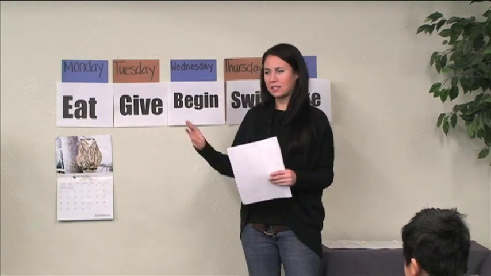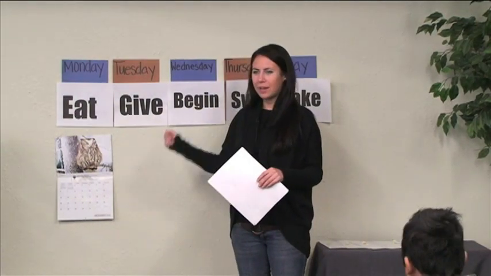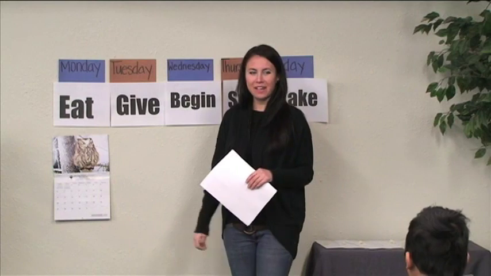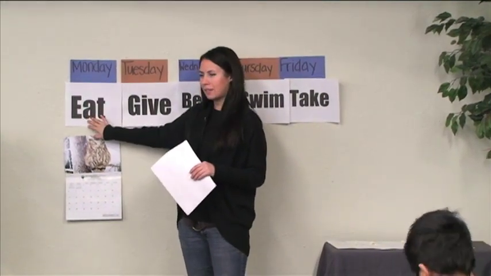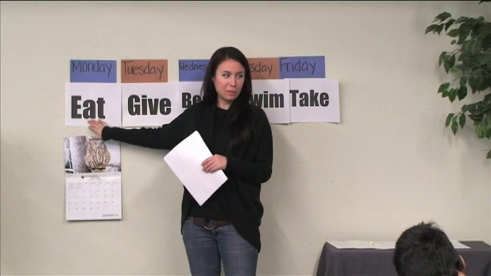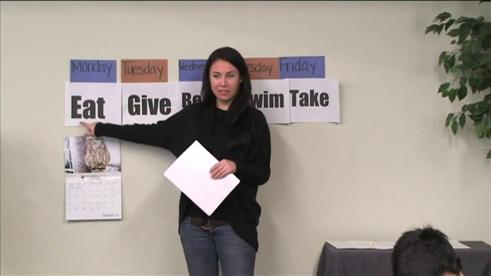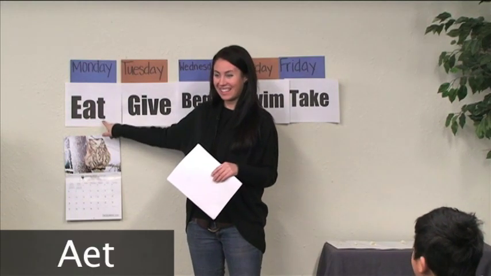If Billy does this every week and then it's finished, how could we say that this is what happened last week? Does anyone have an idea? If I say on Monday, Billy eats pizza, if I'm talking about last week and it was in the past, and I talk about what Billy did, does anyone know how this word would change? He ate. Good job.